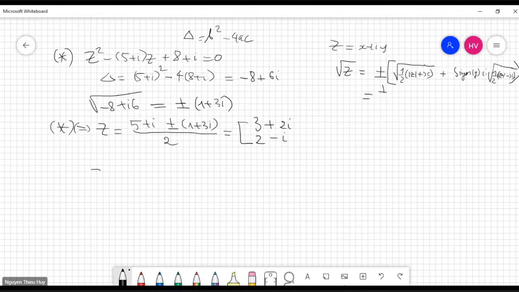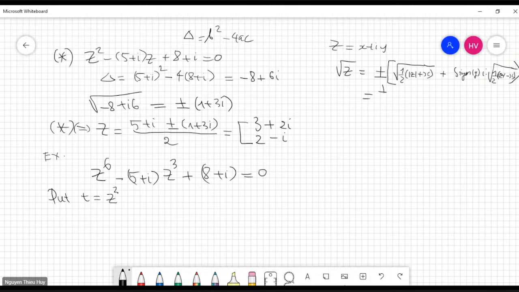Another example is you can consider this z to the 6, minus 5 plus i, z to the 3, for example. And here we have to change the variable, by putting t equal z cube.